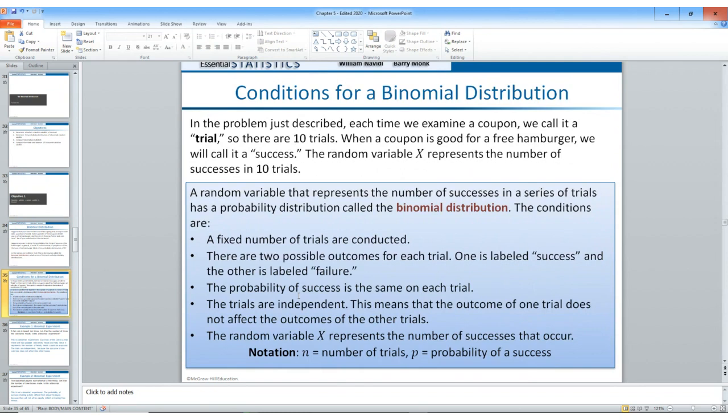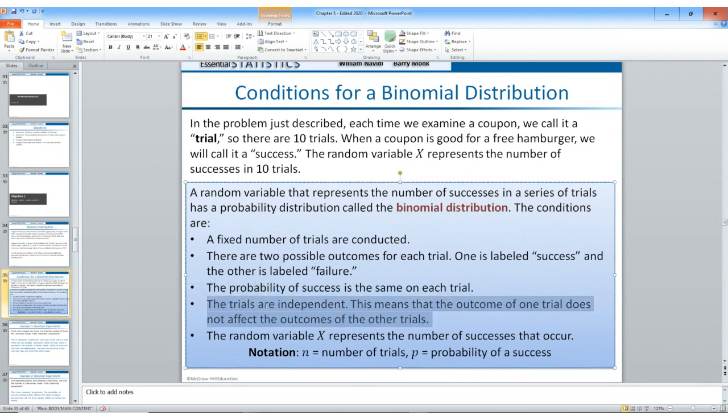The probability of success is the same on each trial. That's important. All right. In other words, you know that the probability of success is the same on that coin flip every time. But there are things that might be sort of binomial, but if the probability of success changes, then that's a problem. And I'll show you an example of that in a second.